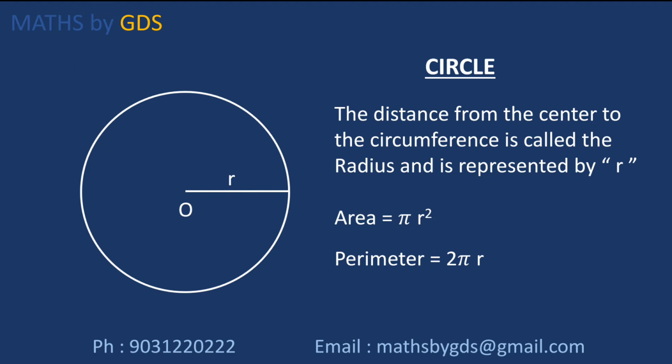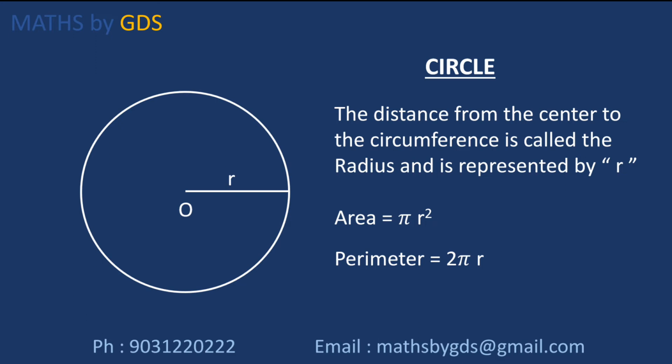Now, the thing we have to notice is that the distance from the center to the circumference on all parts is equal. For example, from center to the right hand side of the circumference, the distance is r. The same distance will also remain at the top of the circumference from the center, right?